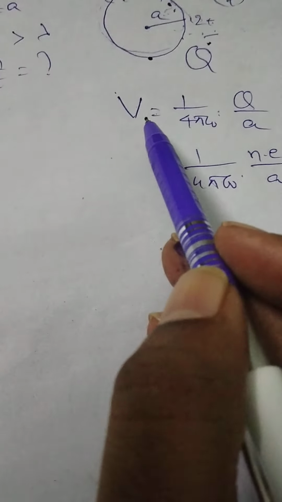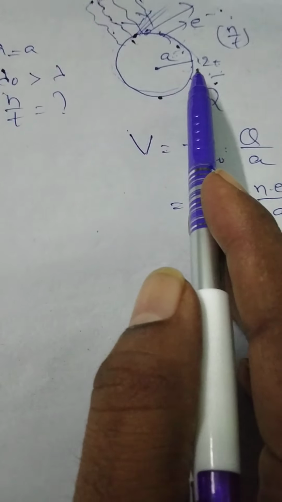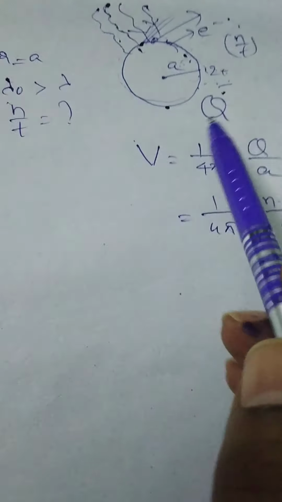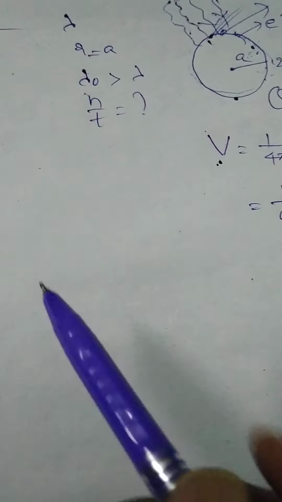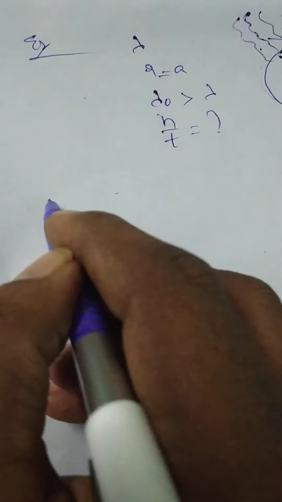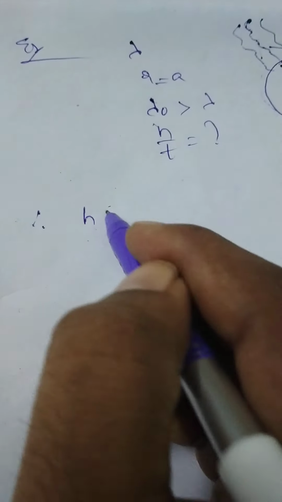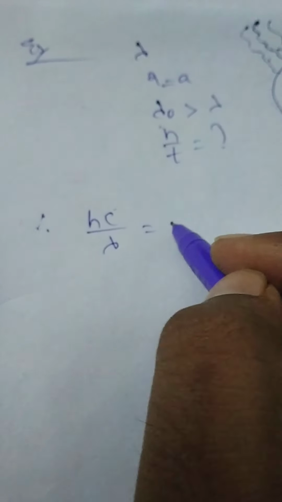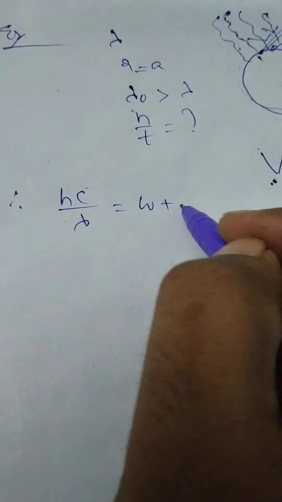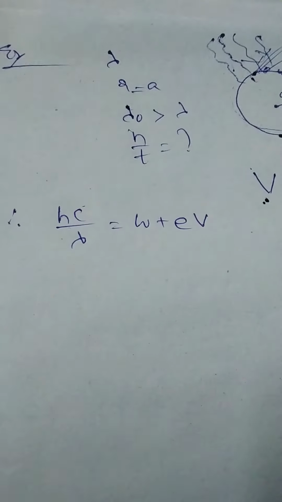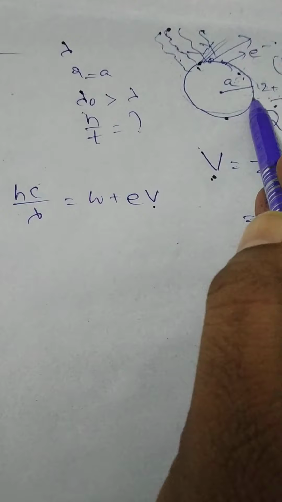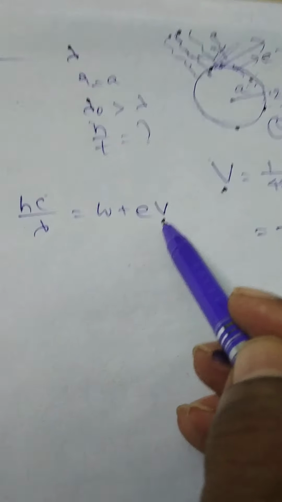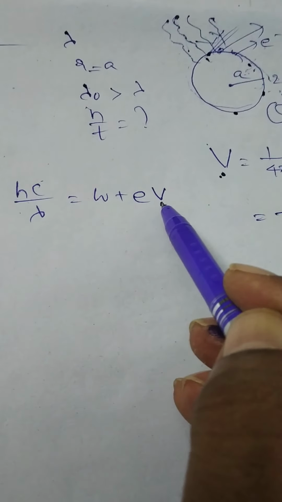But what is V? It is the electric potential gained by the metallic sphere. This electric potential can be obtained using Einstein's photoelectric equation. According to Einstein's theory, energy of the incident photon hc by lambda is equal to W plus half mv square. Half mv square is also equal to eV. At this potential, the photoelectrons are stopped, so this V can be treated as the stopping potential.